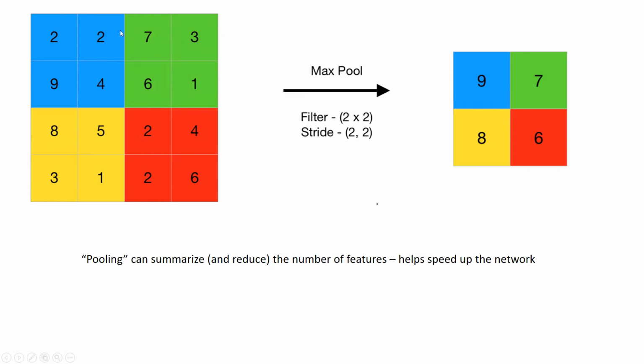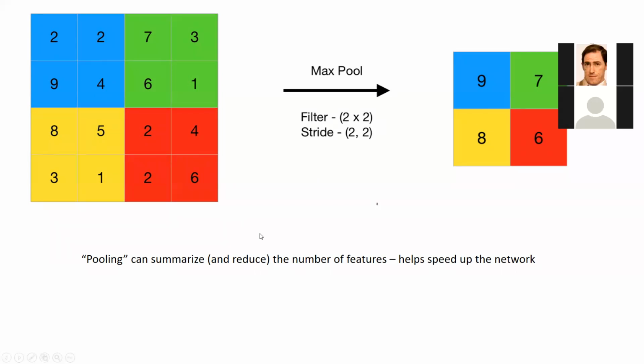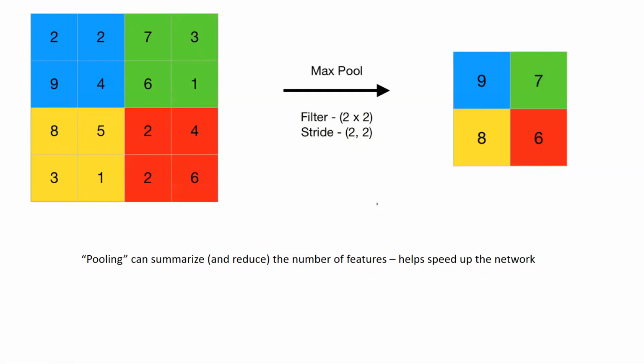We could pool it like this. We notice that in the top left, these are all a certain value. They have a range, but they have the same color, and we just pool it like this. You see this a lot in convolutional neural networks: after a convolutional layer, you might see a pooling layer afterwards, and it's just to help reduce the number of features as you go through the network and keep it running quickly. Obviously, you must accept that it does introduce some noise or error when you do this, but they do get used a lot.